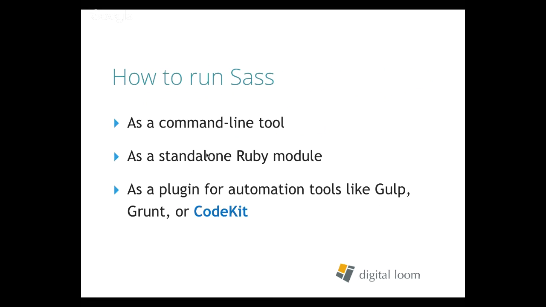But if you use Gulp or Grunt, you can also run Sass with those tools. I use CodeKit. CodeKit is a full-fledged app, which is available only for the Mac. So that's what I normally use. That's where a couple of my examples are going to be from. But Gulp and Grunt work very well, and they allow you to really make the best use of it.